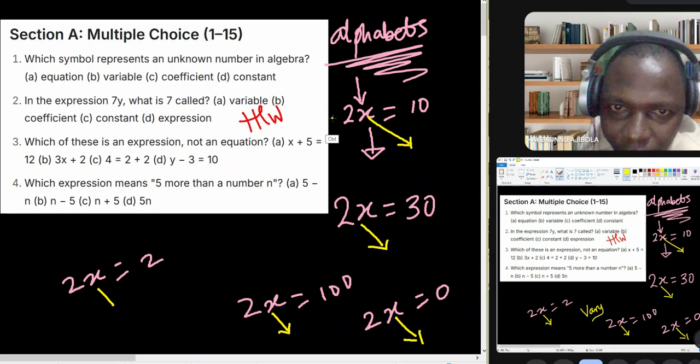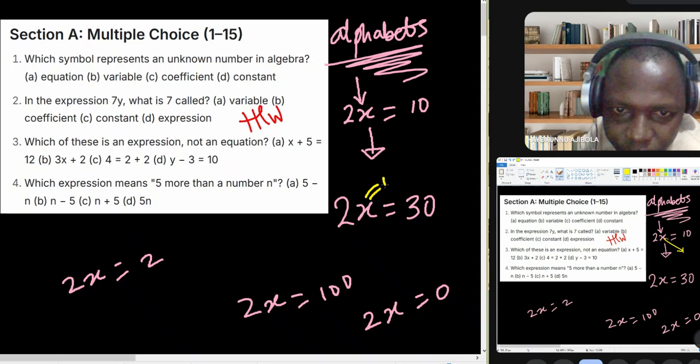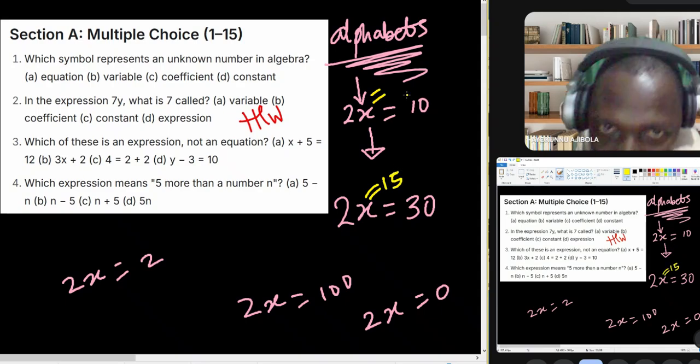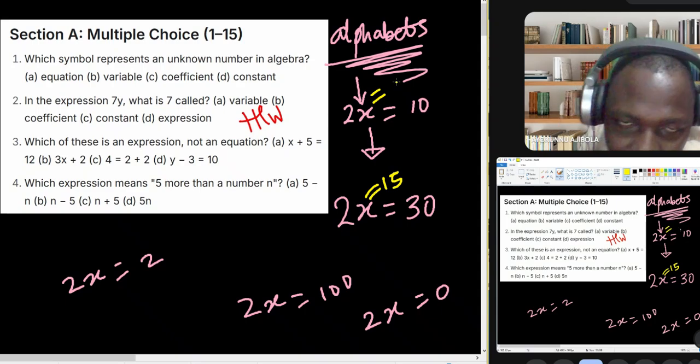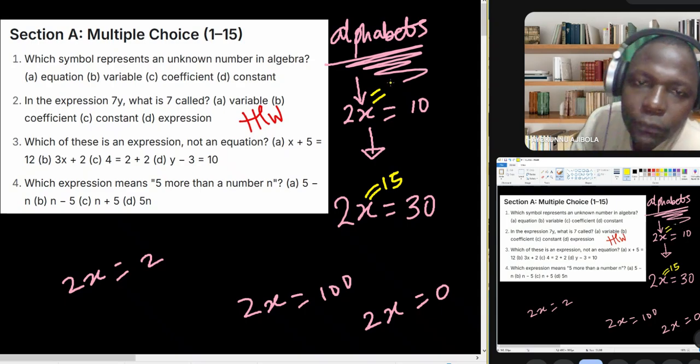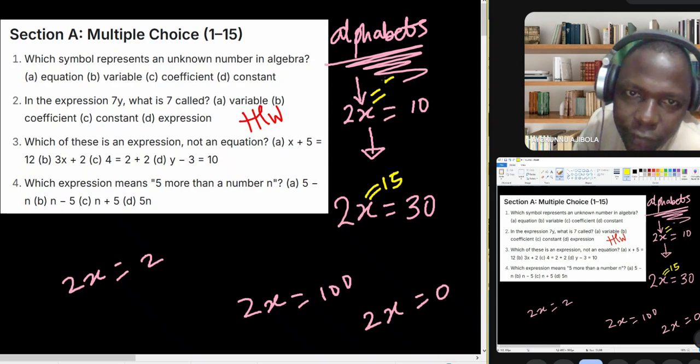The x for 2x equals 30 is, I'm pretty sure, going to be 15. Okay, x here will be 15, so it's a different value. The x at the first one will be 5. 5, good.